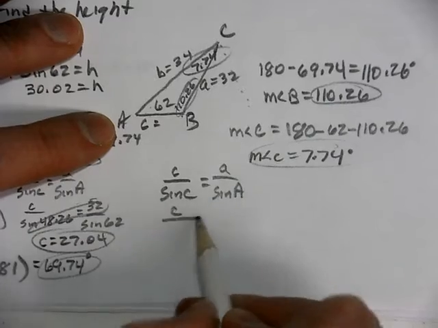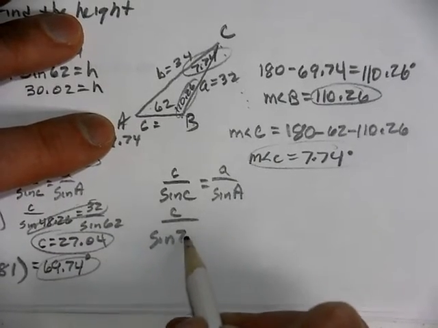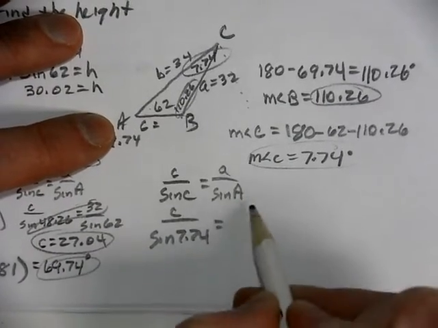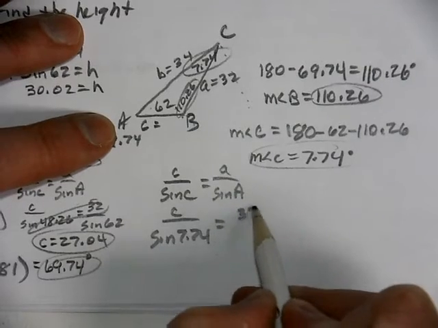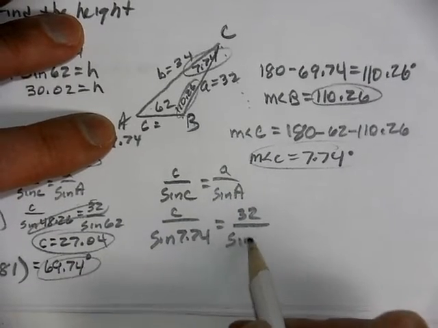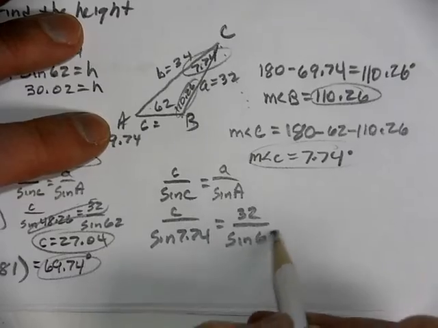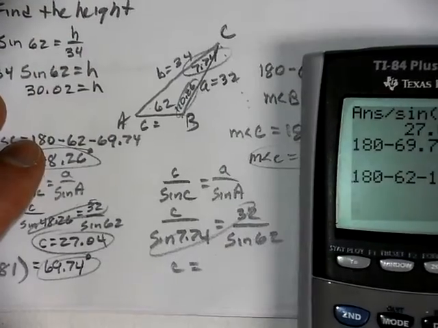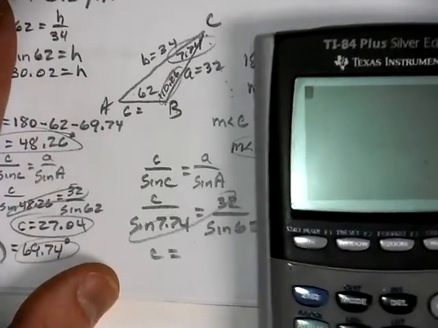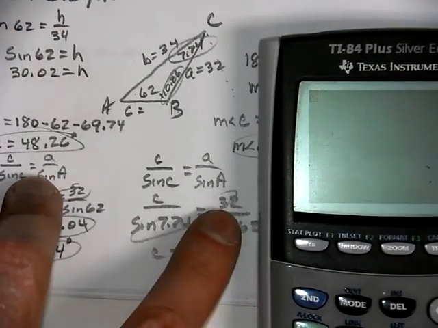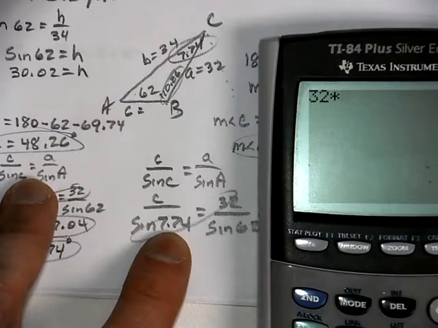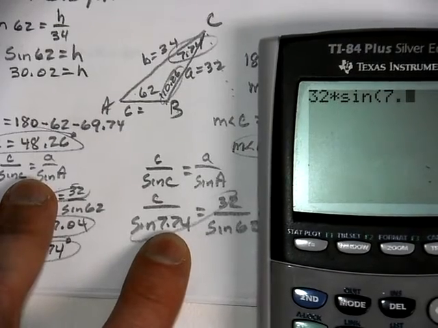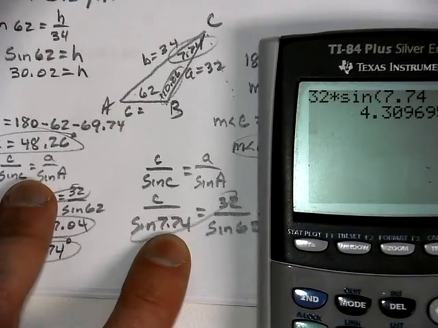So we're looking for side C. We're given angle C. We're given side A and angle A. We're going to cross multiply, then divide. I only have to cross multiply one direction. So 32 times the sine of 7.74.